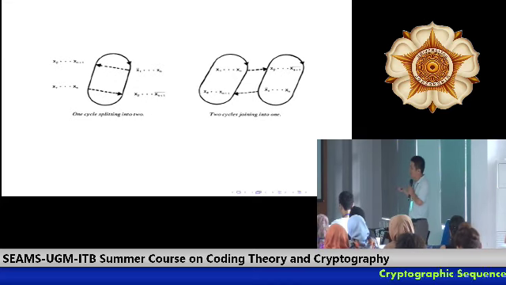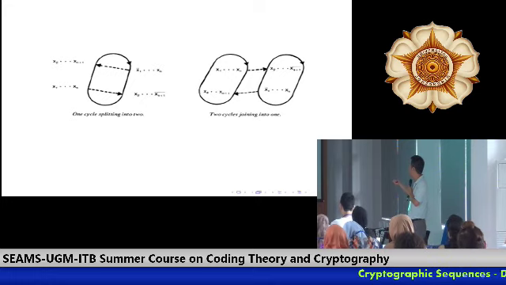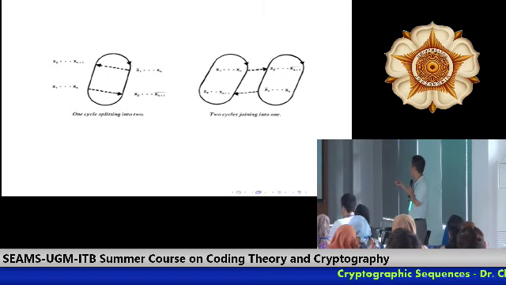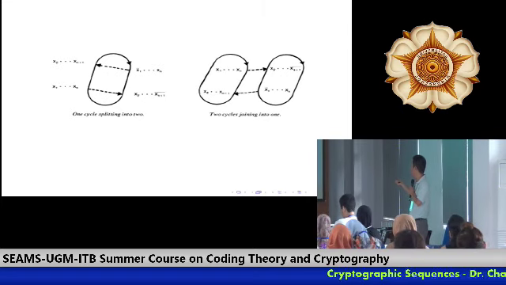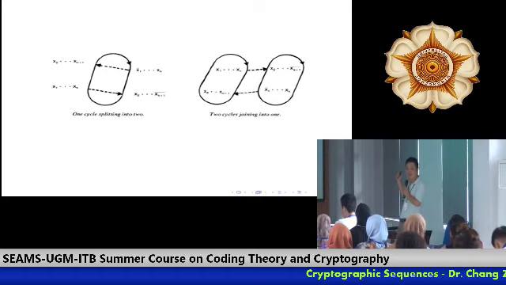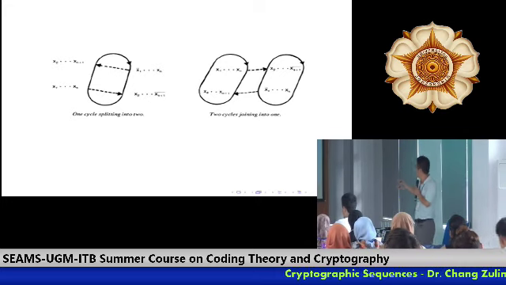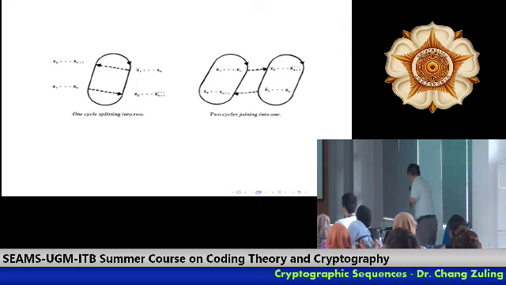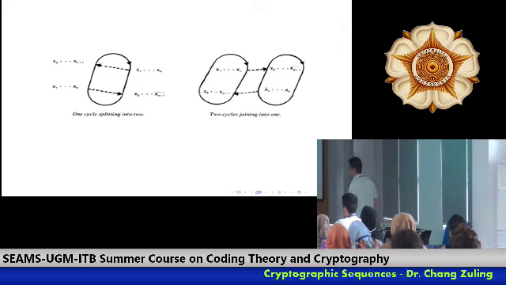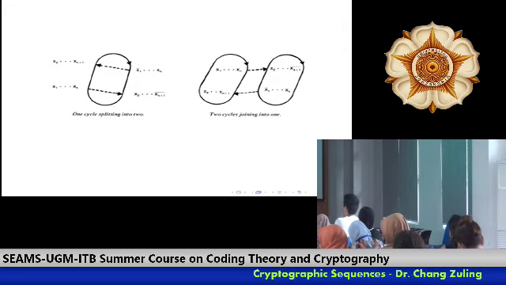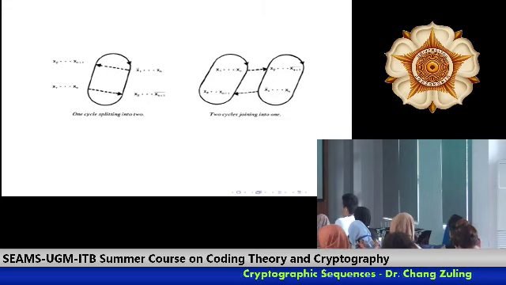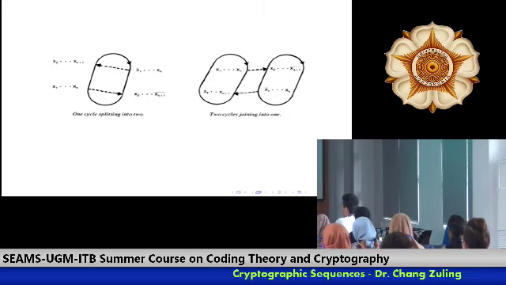But if we go from here to here, it can be one. Okay, can you understand? Okay, never mind. Just take an example to show how to join these cycles or divide these cycles.